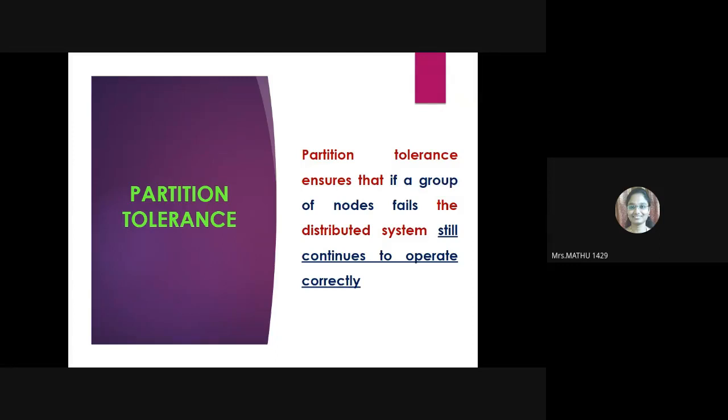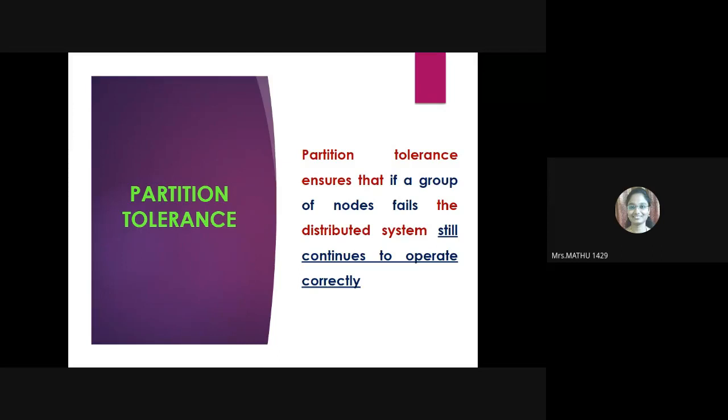So there are some 1,000 nodes in the network. Because one or two nodes got broken or have some issues, the system should not fail. All other nodes in the network should still continue to operate correctly. Okay, so this is partition tolerance.